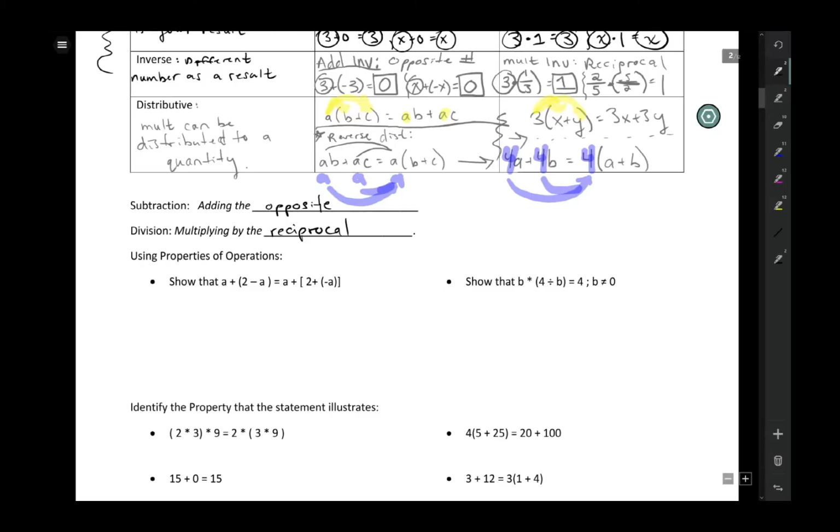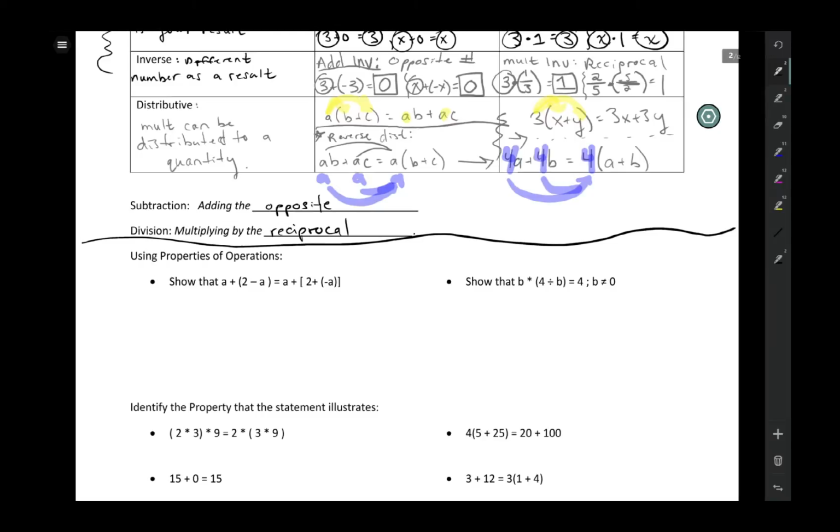Okay? I promised I would narrow it down to about 30 minutes, and that's about where we're at, and it's perfect. So what I'd like you to do is, again, look back through, write down your questions, and we will be tackling some of these problems tomorrow in class. So feel free to look through, identify the property that each states.